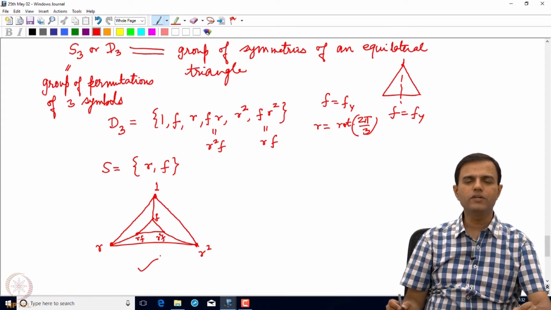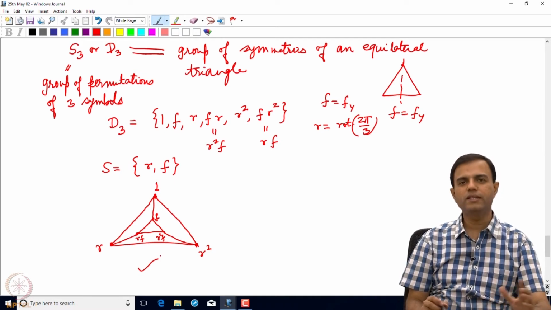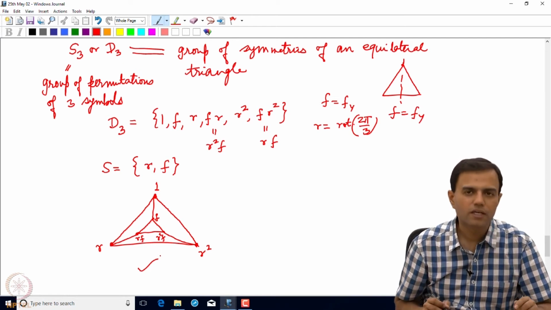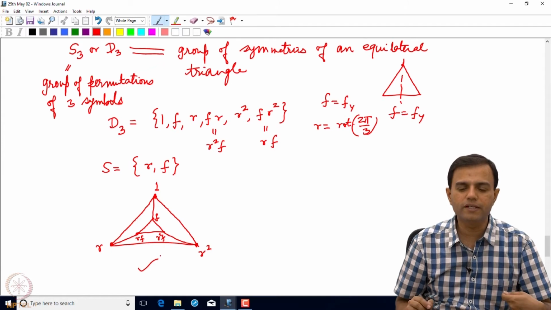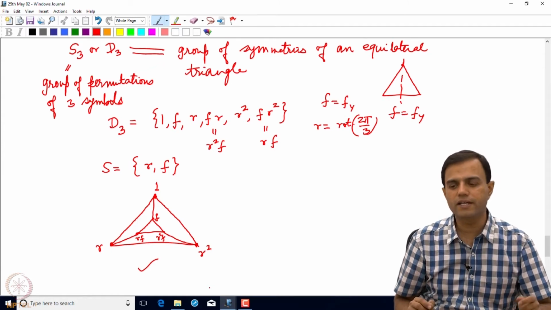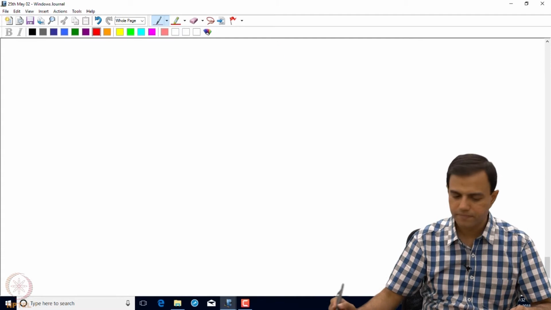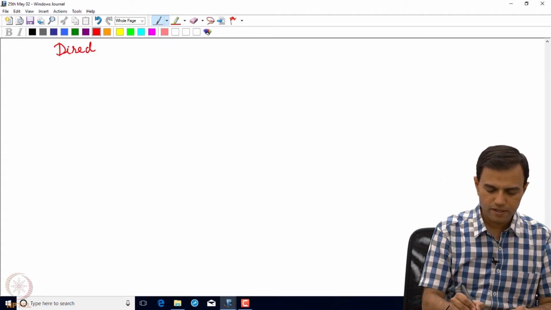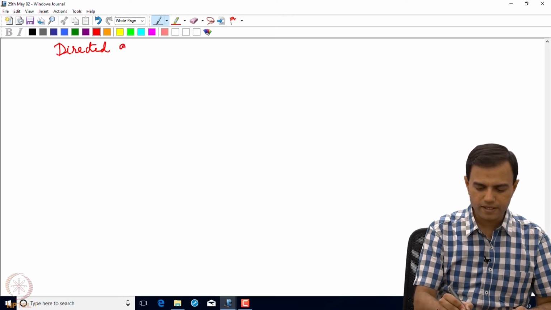Is there a way to distinguish these two? Can you read from the graph somewhat? Like this is the graph of D3, and the other one is the graph of Z6. So here is a very nice way, which is you give it direction. You consider directed graphs.